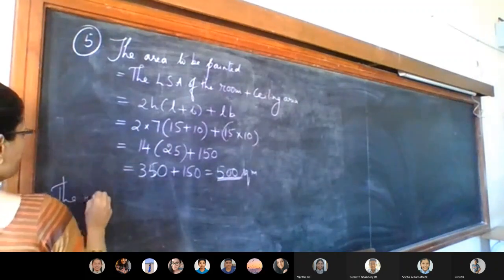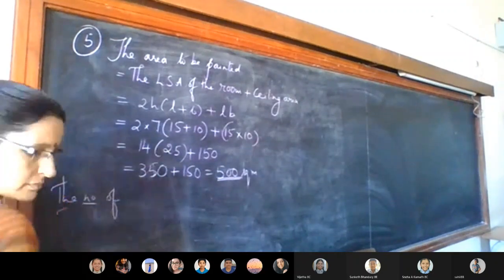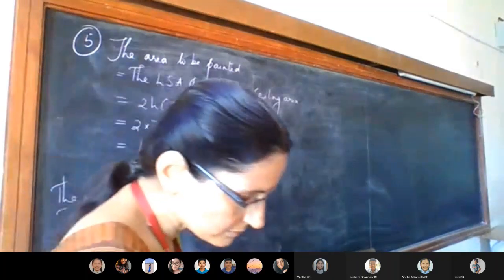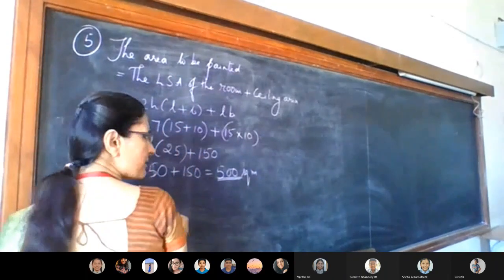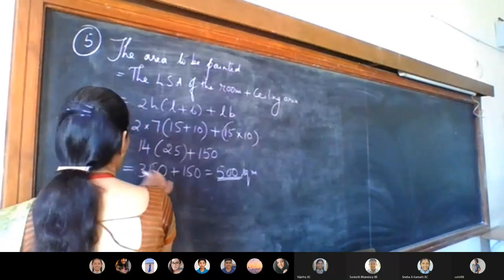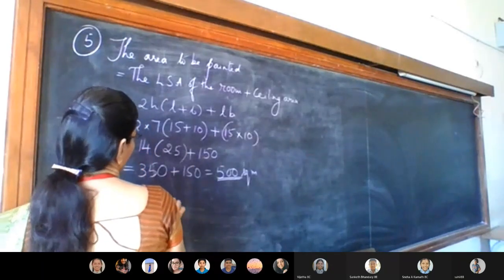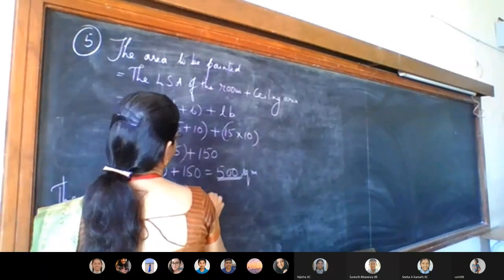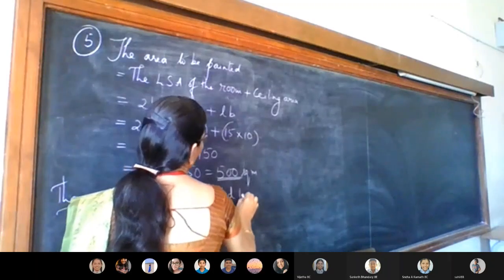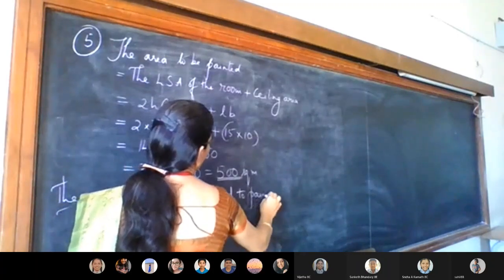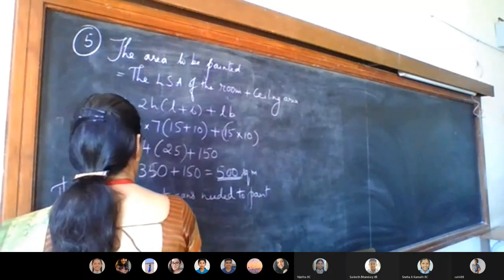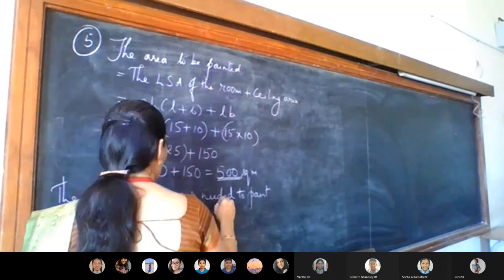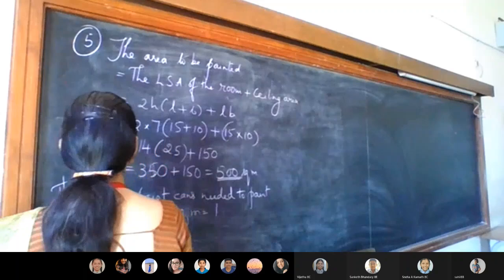The number of, what they mentioned as cans of paint. Paint cans also we can say, isn't it? Paint cans needed to paint. 100 square meter is equal to 1 container.